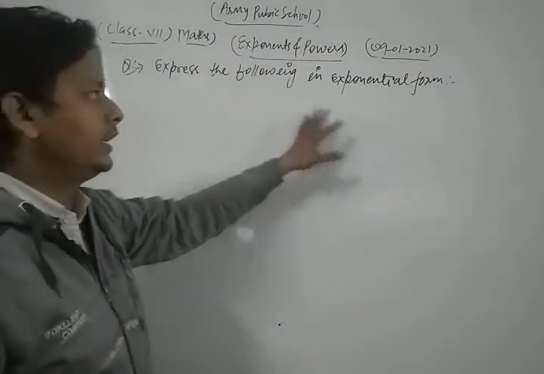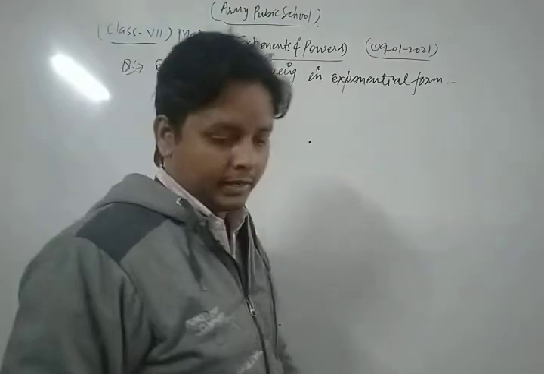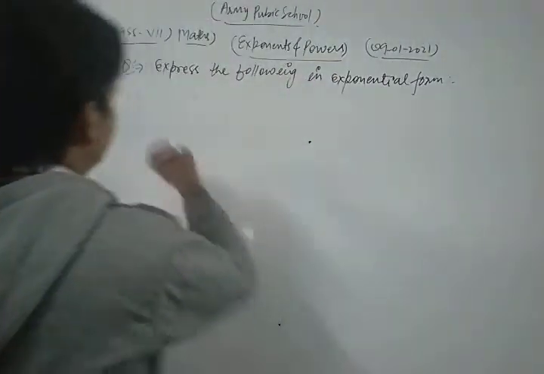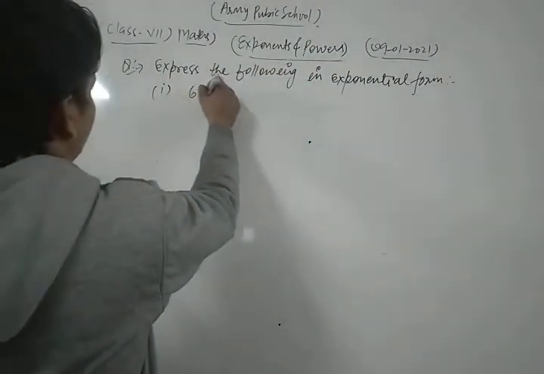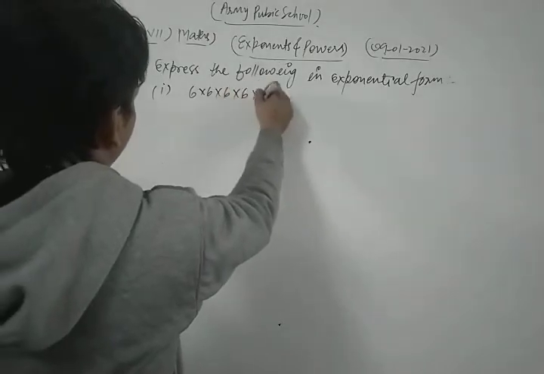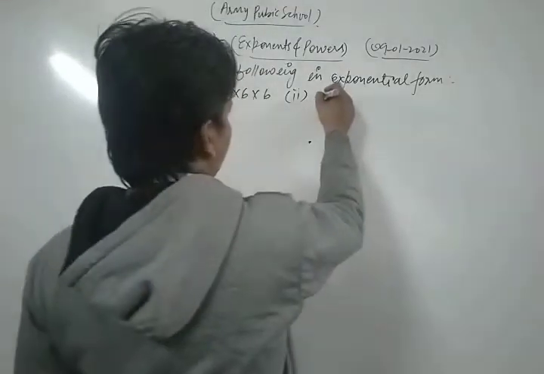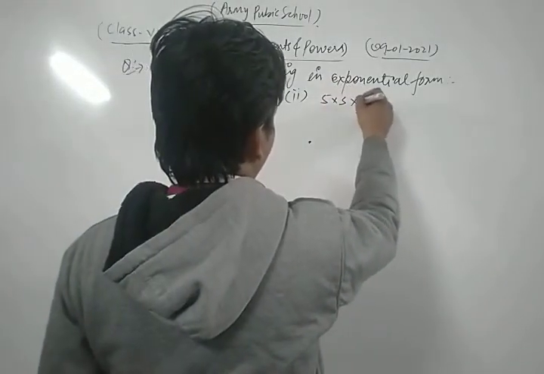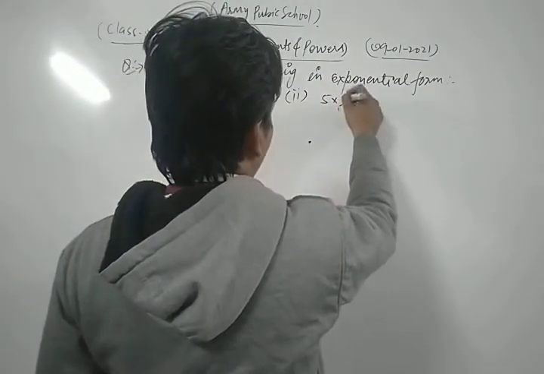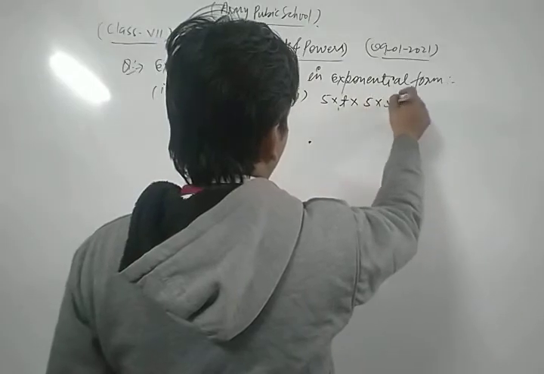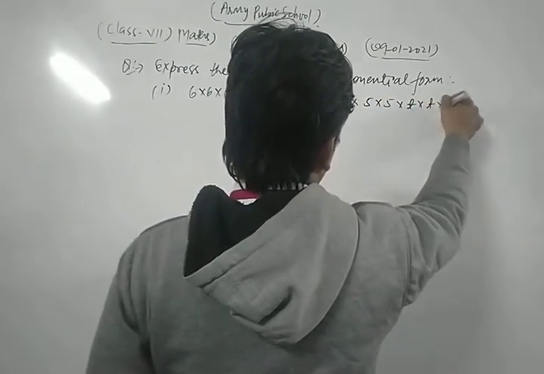Express the following in exponential form, and the first part of this question is 6 into 6 into 6 into 6 into 6. The second one is 5 into s into 5 into t into 5 into 5 into t into t into t.